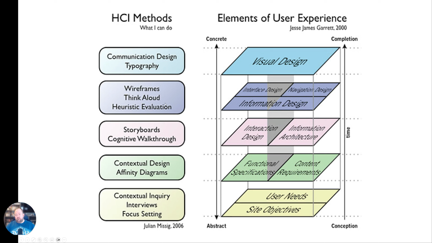So like going back to my favorite, think aloud, largely purely qualitative, I guess, not purely. If you have eye tracking, you can get some quantitative data out of that. Maybe you're counting every time that they click a certain button or they say a specific word.